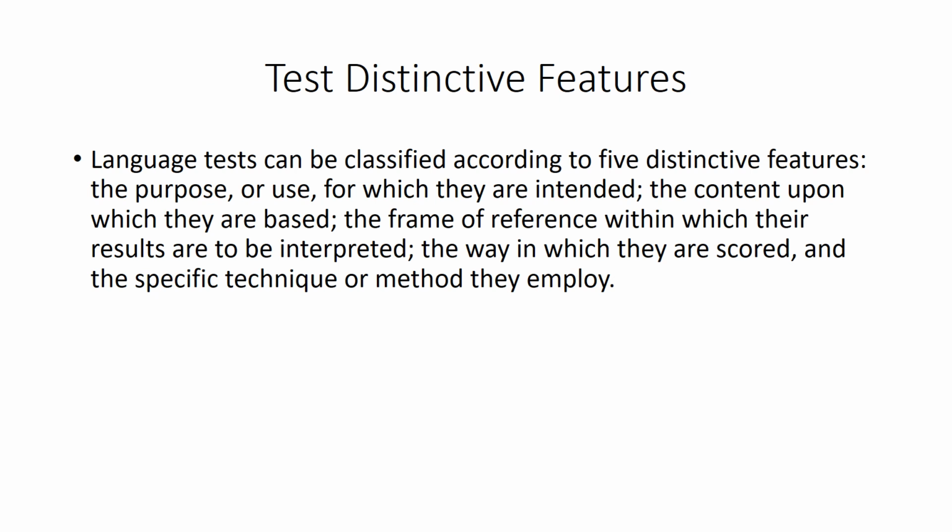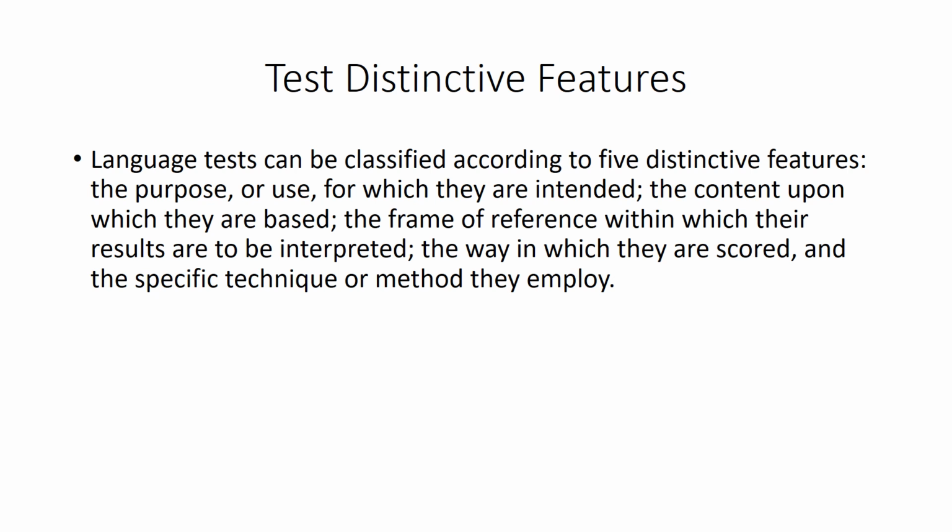And finally, the fifth feature of the test is that tests are constructed in certain ways, or by certain methods. So the method in which you are going to make the test for your students can generate different types of tests. Is it clear?